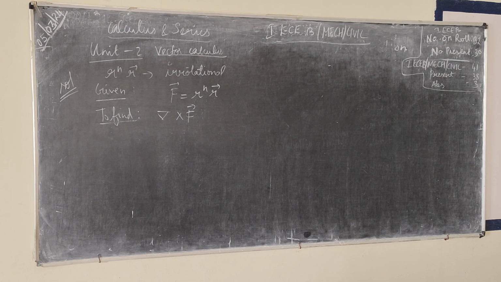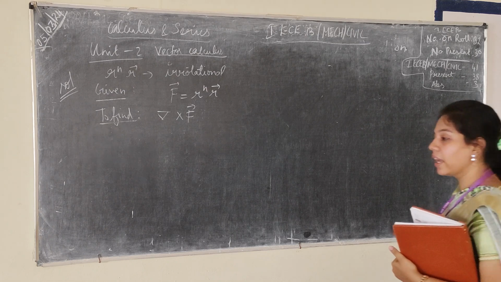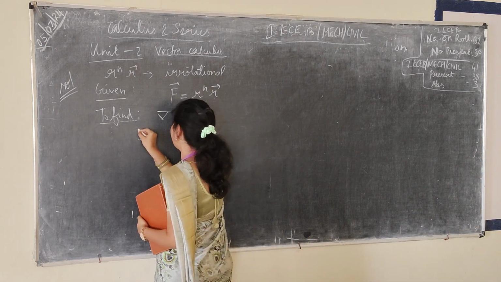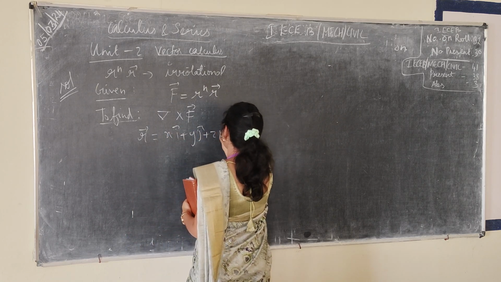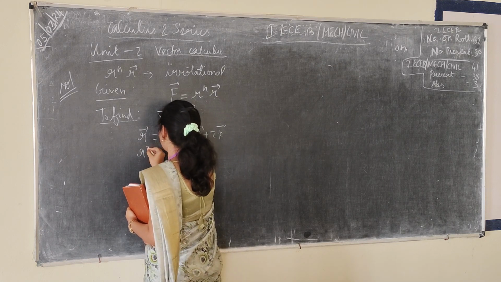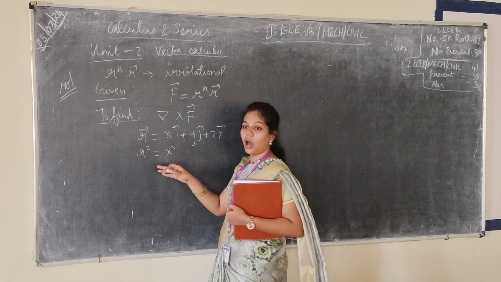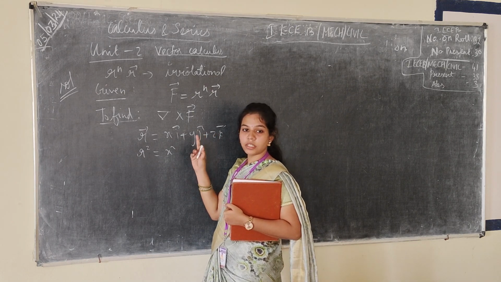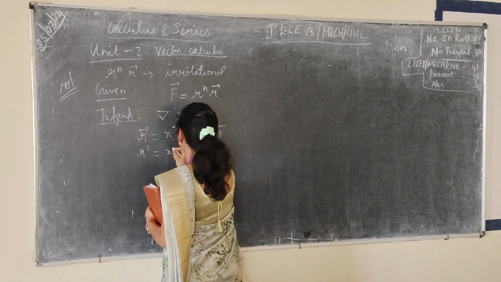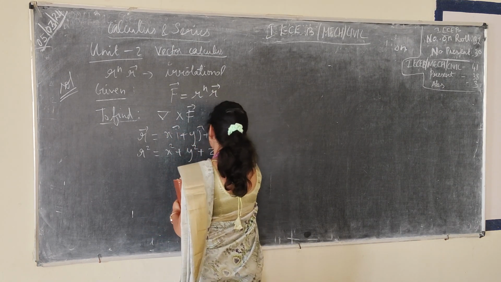What is dou r by dou x? We have already solved it: x by r. R square is R vector dot R vector. So i dot i is 1, x dot x is x square, so x square plus y square plus z square.